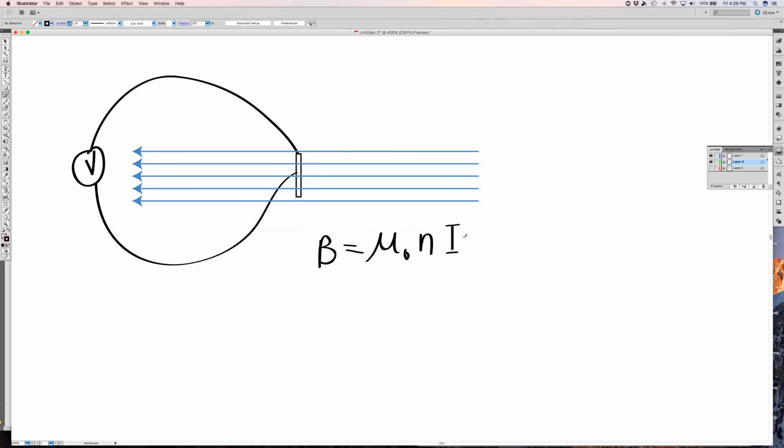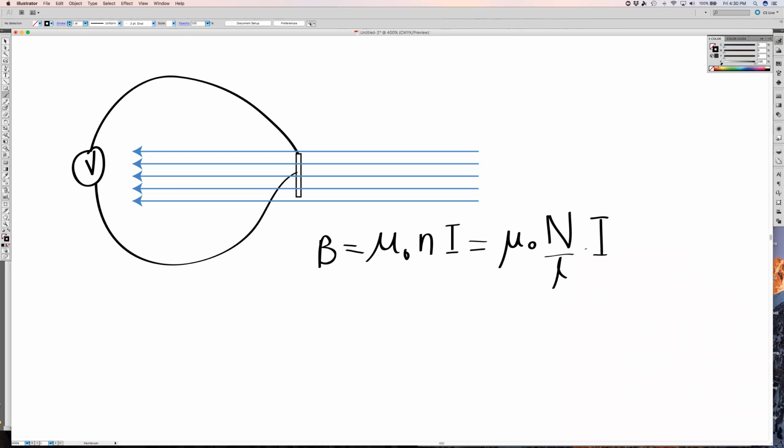n is the number of turns per unit length. So it is also reducible to the equation mu naught, capital N, the number of turns total, divided by the length of the solenoid, multiplied by I. Now in this question, they gave us some values.